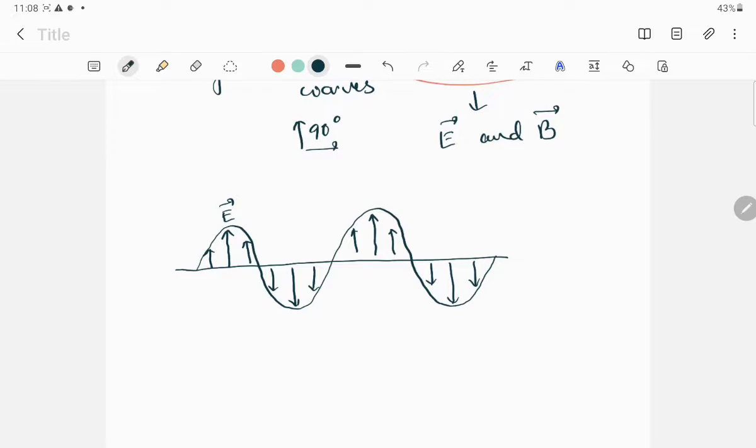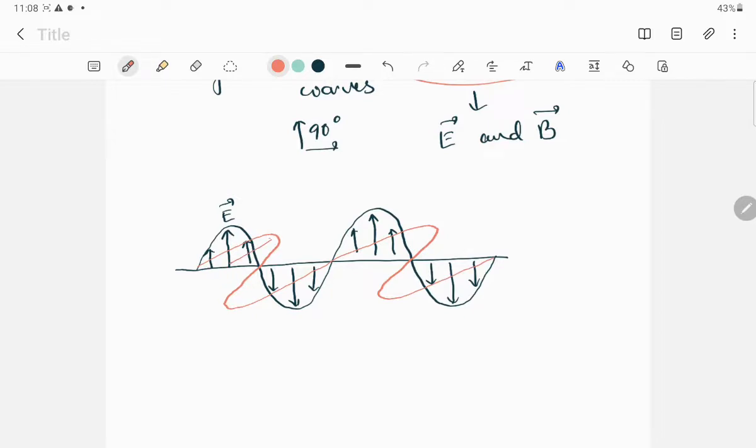Since we know that in a light wave the electric field will not come alone, it will also be accompanied by a magnetic field. If you want to show it, you will have to show it like this. So I will try to draw it. It will look like this. Consider it in a three-dimensional manner.